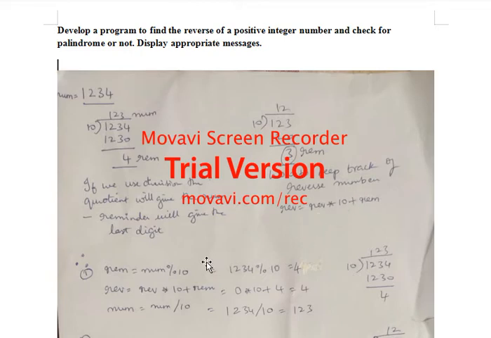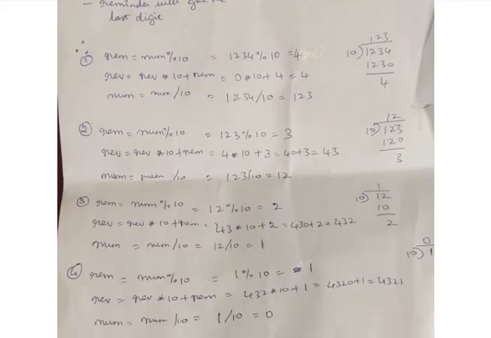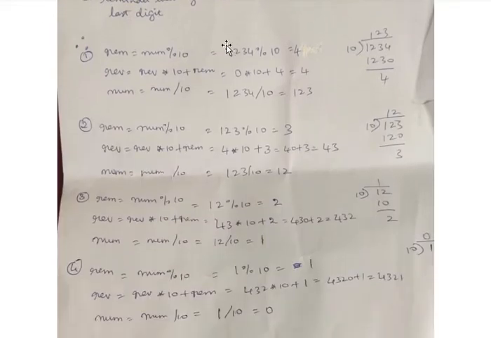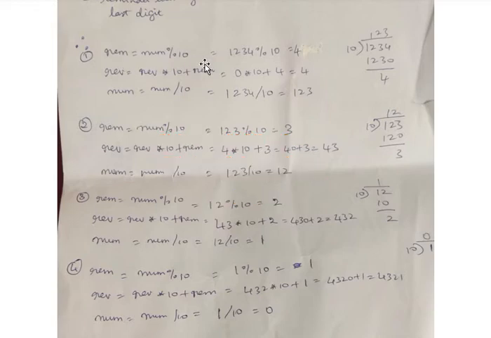I'm writing the tracing here, how to do that, or how to write the code. As I've said, the remainder we can get by using the modulus symbol. Number modulus 10, whenever we do that, we get the remainder. So we can write the instruction like this. We have taken the number as 1, 2, 3, 4 and we perform modulus 10.